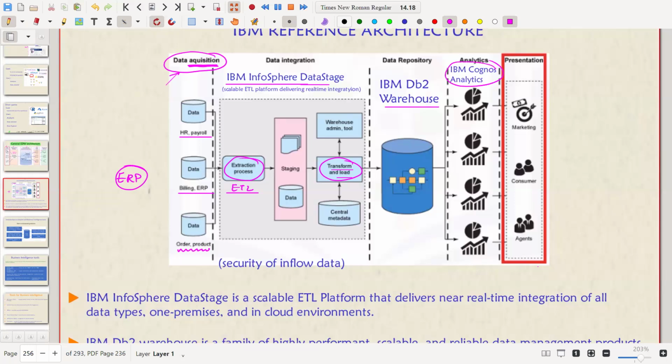Please try to Google about IBM Cognos Analytics and what you can do with it. These are some of the skills which you can write in your CV also. Now in your final year, they're asking what else we can write besides Python and R.